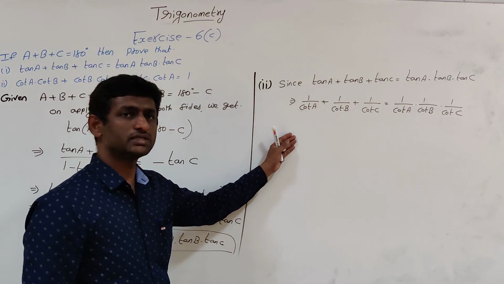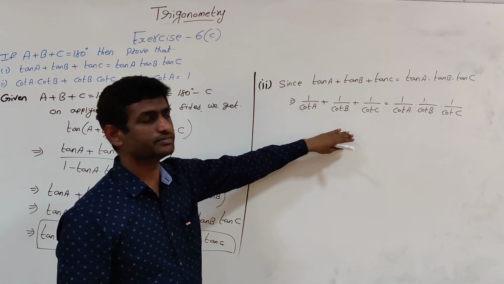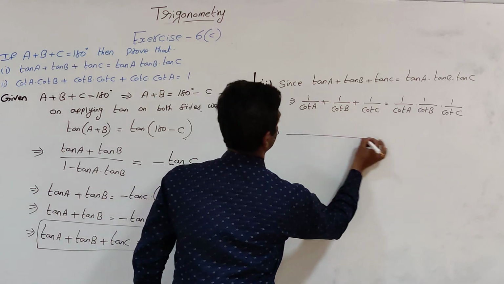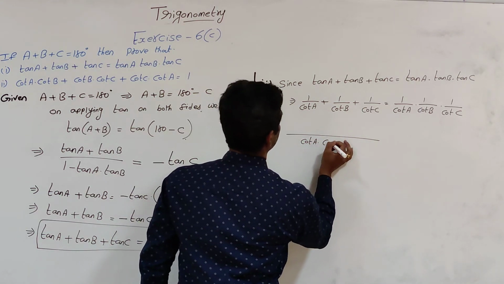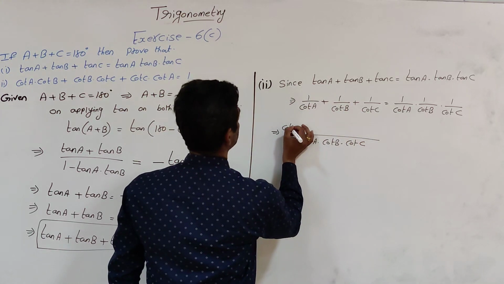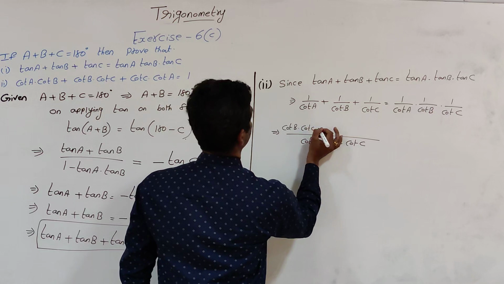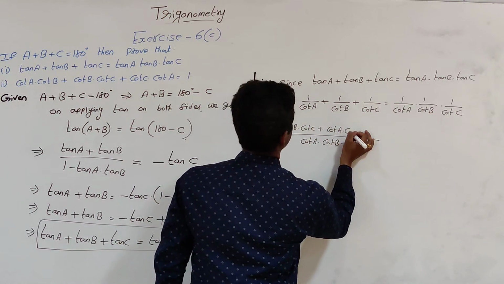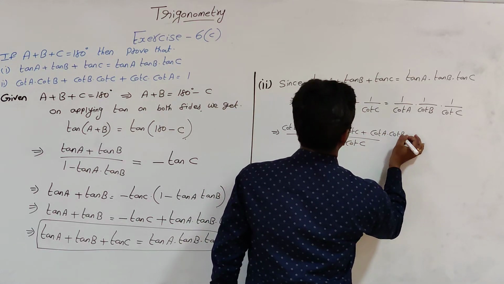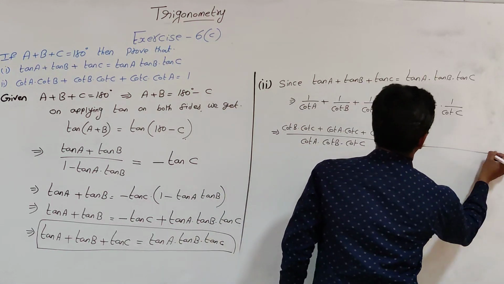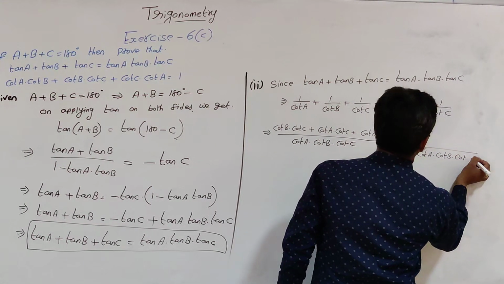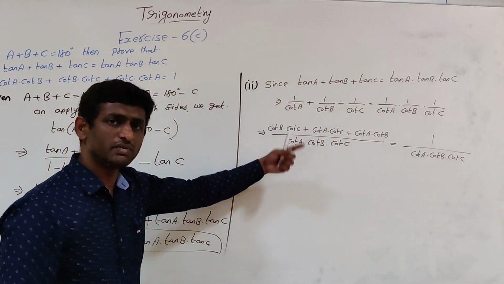On the LHS, the LCM is cot A, cot B, cot C, and the RHS is also cot A, cot B, cot C. Cot A into cot B into cot C is the LCM. The numerators will be cot B into cot C plus cot A into cot C plus cot A into cot B is equal to, here it will be cot A into cot B into cot C, and the numerator is 1 as it is a multiplication.